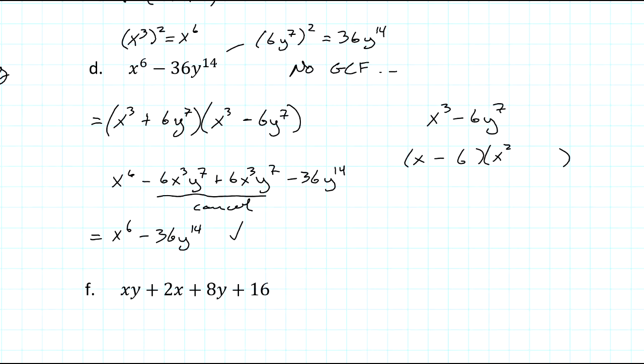If I did like a minus 6 and then a plus y to the 7th, no matter what combination, the middle terms will only cancel if we have the exact same thing with the plus or minus in there. So this is prime.